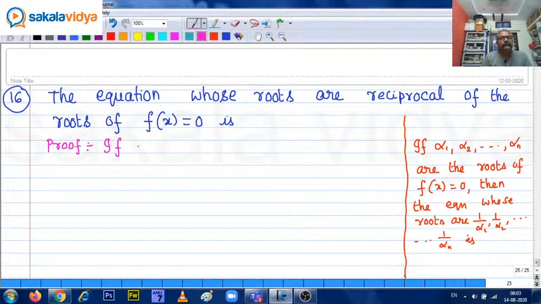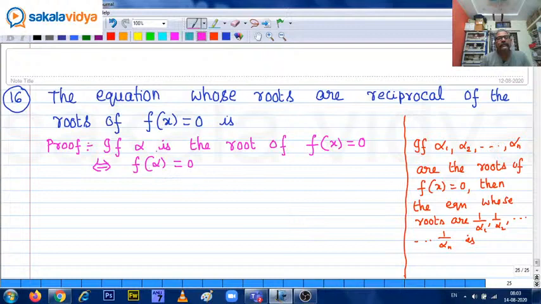If alpha is a root of f of x is equal to 0, if and only if f of alpha is equal to 0. Now this f of alpha I will write like this: f of 1 upon 1 by alpha is equal to 0, since 1 upon 1 by alpha is alpha itself.